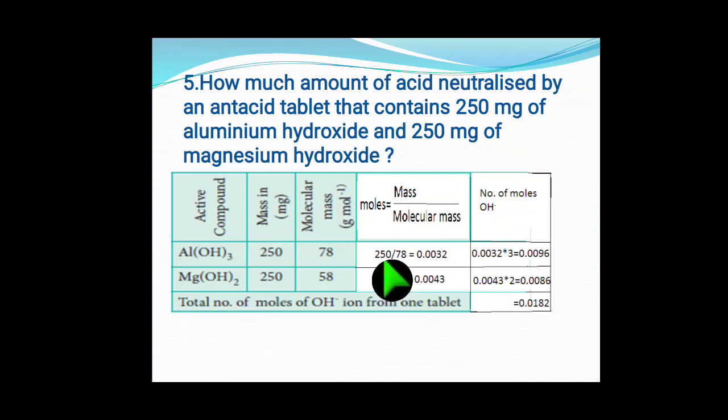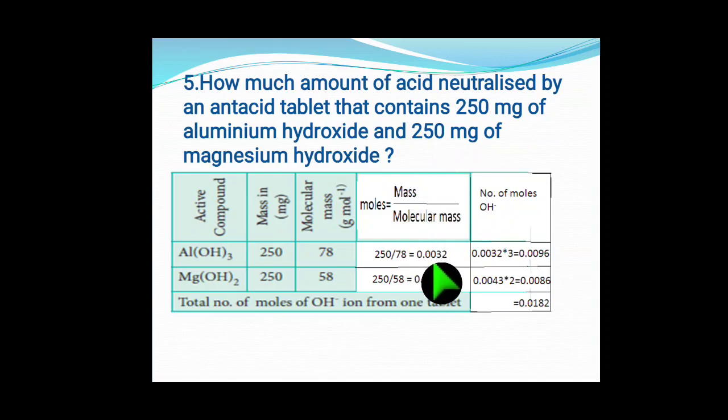So mass 250 milligram, molecular mass 78, and dividing we get 0.0032. In the same manner, 250 divided by 58 gives 0.0043.